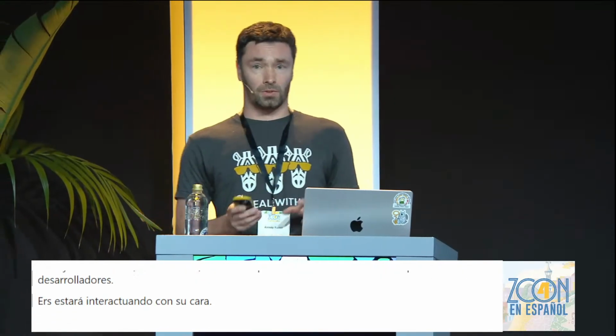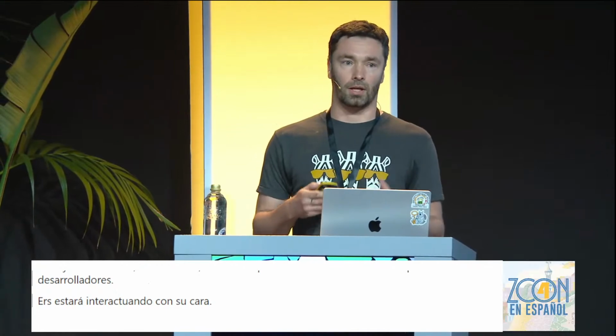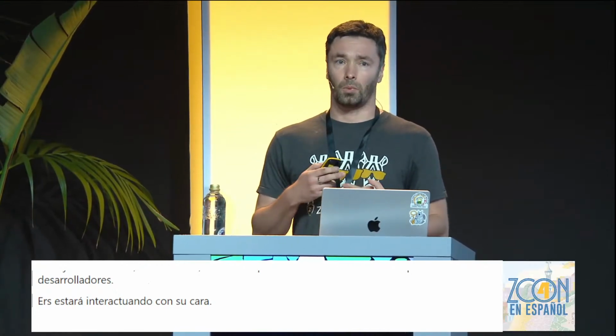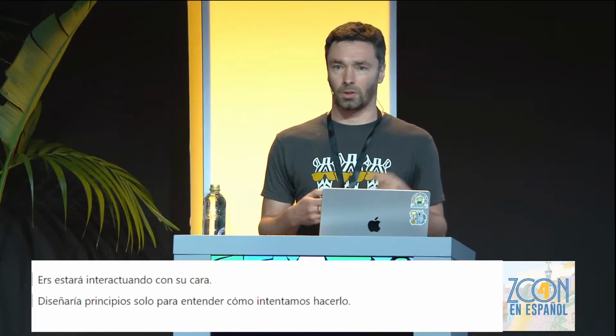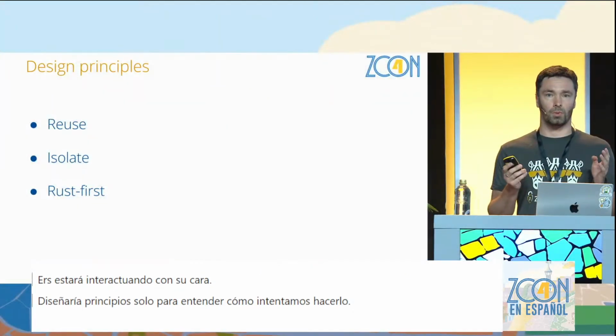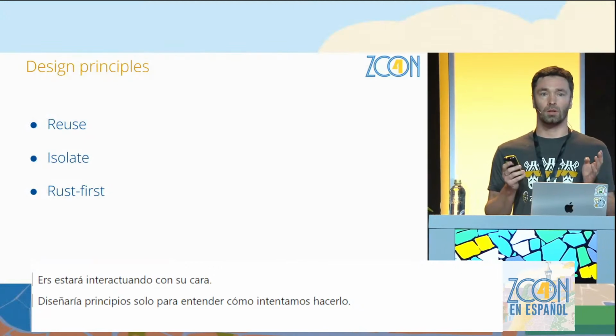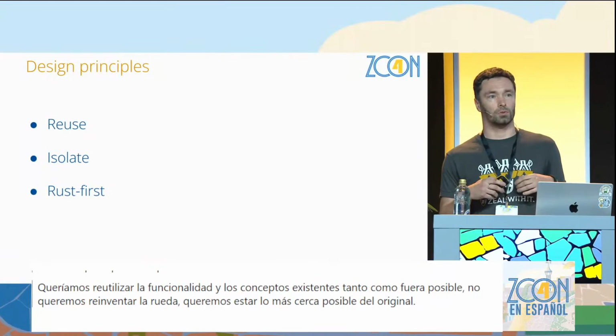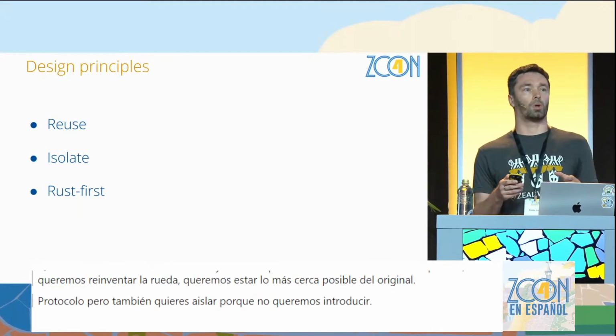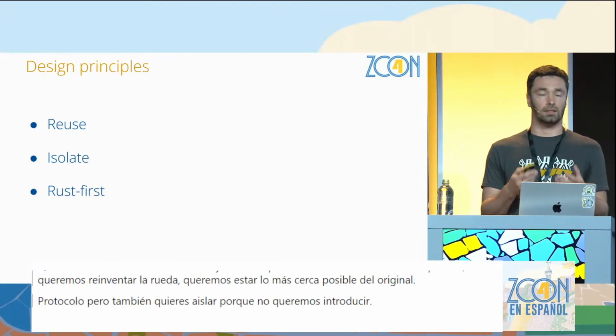Our design principles, just to understand how we tried to make it: we wanted to reuse existing functionality and concepts as much as possible. We don't want to reinvent the wheel. We want to be as close to the original protocol, but also we want to isolate, because we don't want to introduce new security problems into the existing code base and existing interactions.